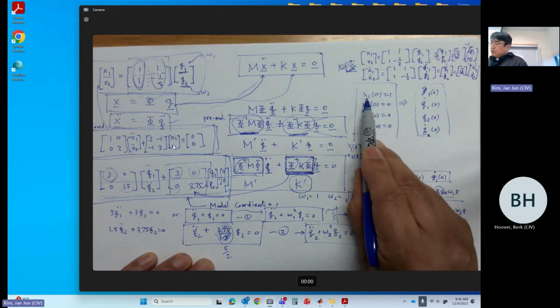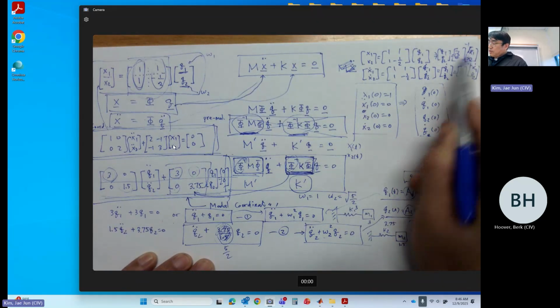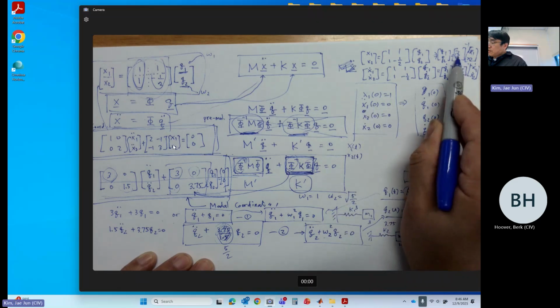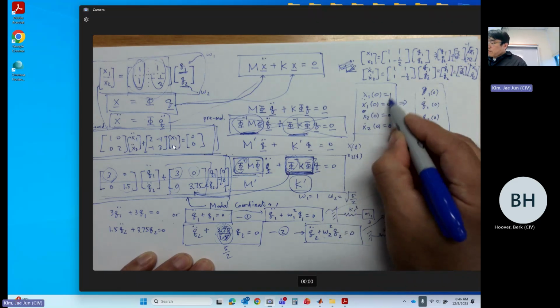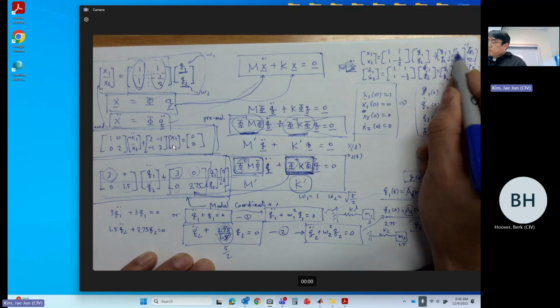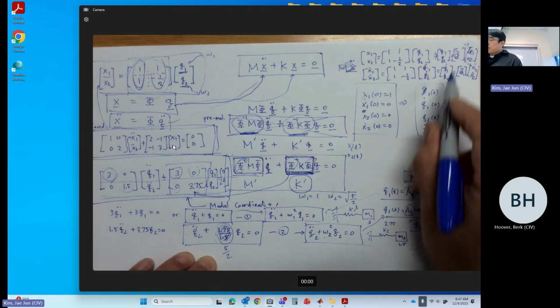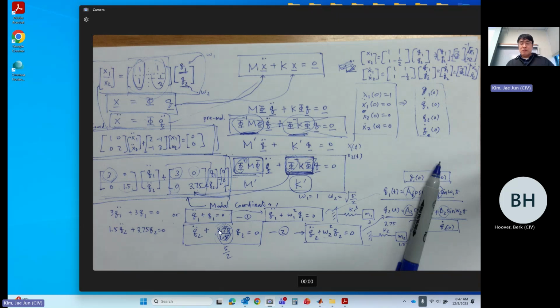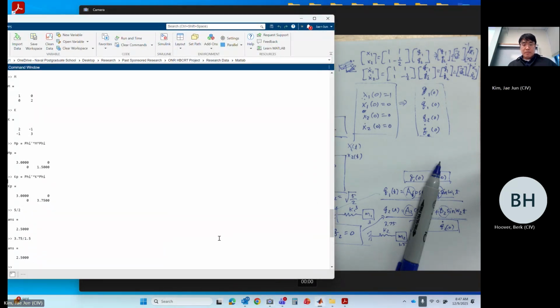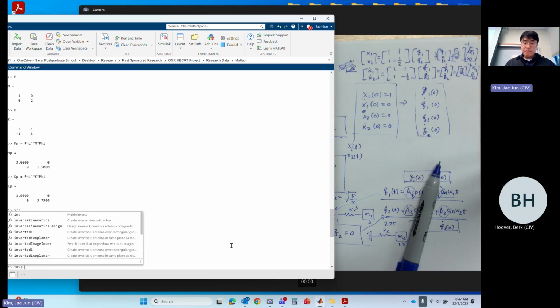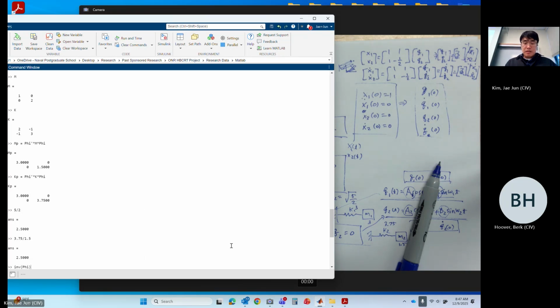So you know that x1 is 1, x1 dot is 0. You just take this vector and pre-multiply by phi inverse. That will give you q1 and q2, right? So what you can do is multiply the inverse of phi and the initial condition in physical coordinates, which was 1 and 0 for the positions.